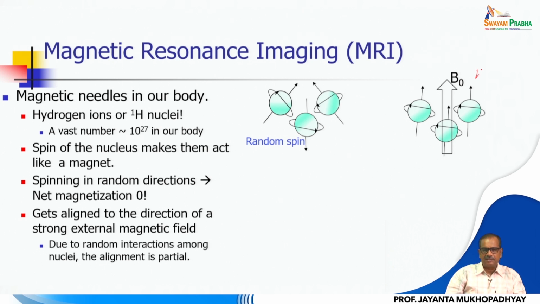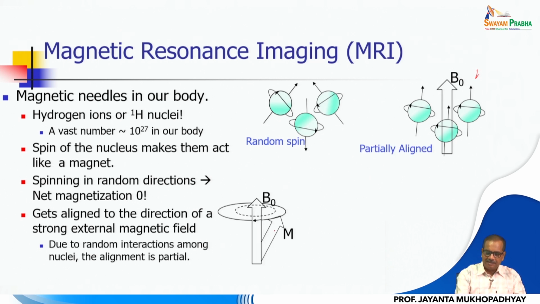Because of random interactions among nuclei, the alignment is partial, as I mentioned. So suppose this is the net magnetization, but it is not static. It is basically rotating like a top, making some angle. That is the phenomenon that happens during these magnetizations.